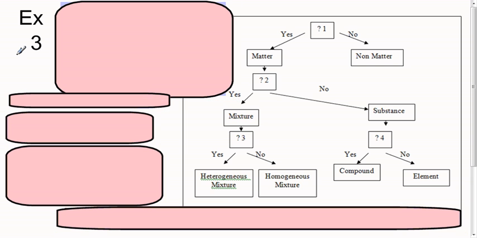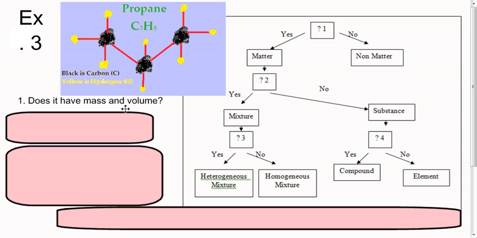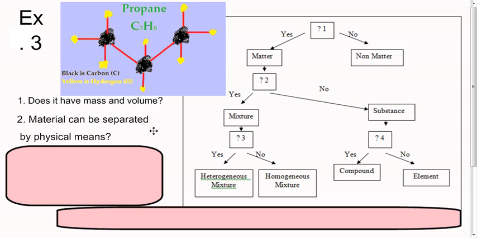Now the next example is propane. Here is a model of propane. The red are the bonds, the black are carbon atoms, and the yellow is hydrogen. The first question is, does it have a mass and a volume? That is yes. The second question is, can it be separated by physical means?